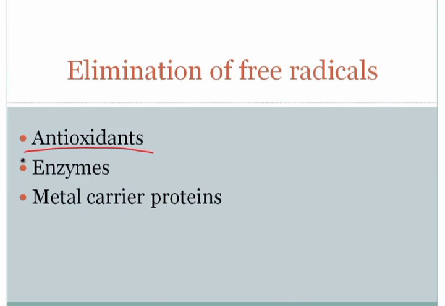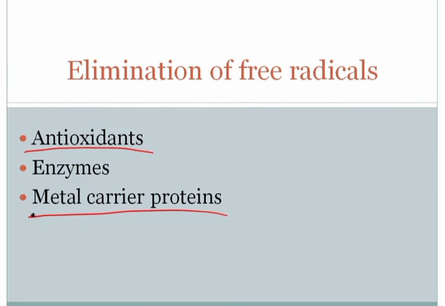Another important mechanism of elimination of free radicals, I'm going to skip here and go a little out of order, but it's metal carrier proteins. Metal carrier proteins are what I've already talked about. You know that copper and iron have the ability to create free radicals, iron in particular, by the Fenton reaction, and the generation of free radicals is a dangerous thing.